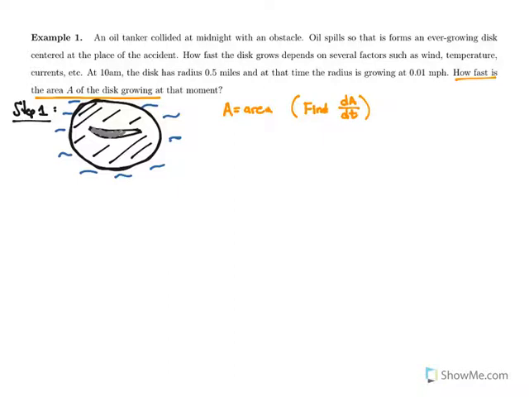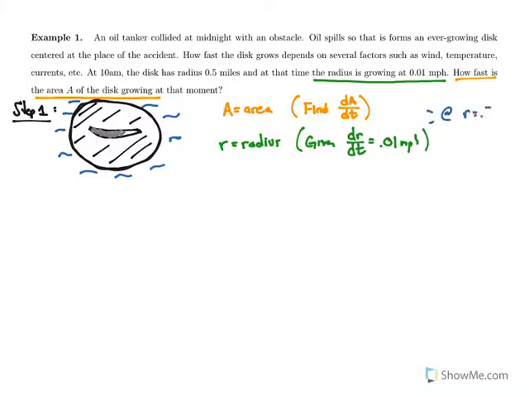And note that the radius is growing at that time at 0.01 miles per hour. So we are given that dr/dt is equal to 0.01 miles per hour. So here's our one variable where we're given the rate, the other one where we want to find the rate. And note that this is at the point when r is equal to 0.5 miles.